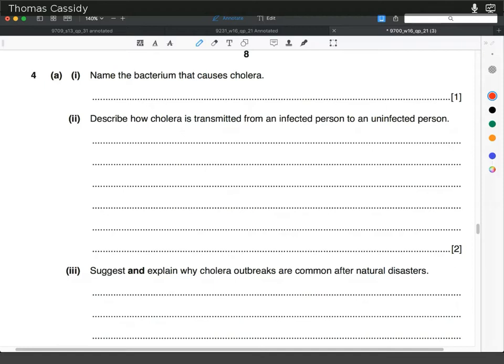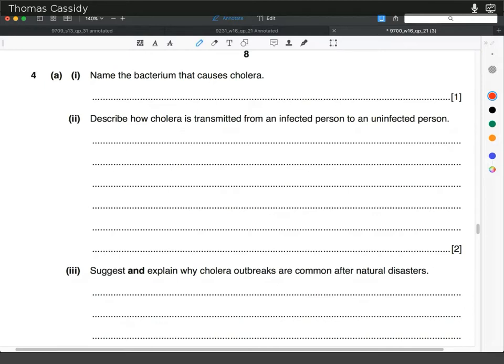Lovely stuff. You could have suggested a few different ways: contaminated food or water supplies, or using a fork that's got some cholera on it, or whatever. But that's what we're talking about here.